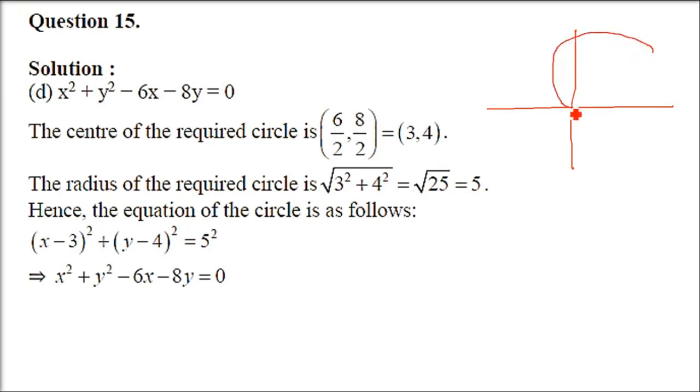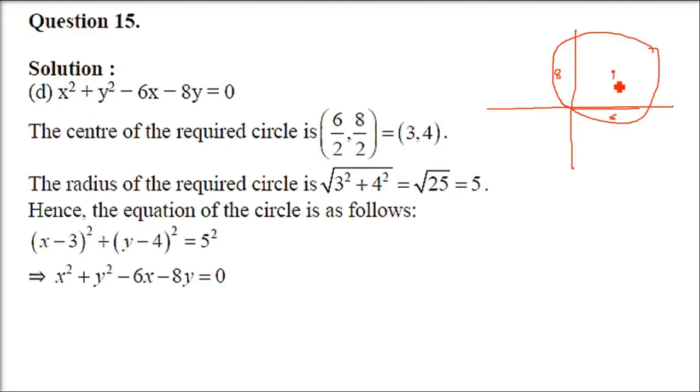So let me just pass it through the origin, and the x intercept is 6 and the y intercept is 8. And we know that in a circle, whenever we drop a perpendicular from the center to any chord, it divides the chord into 2 equal parts.